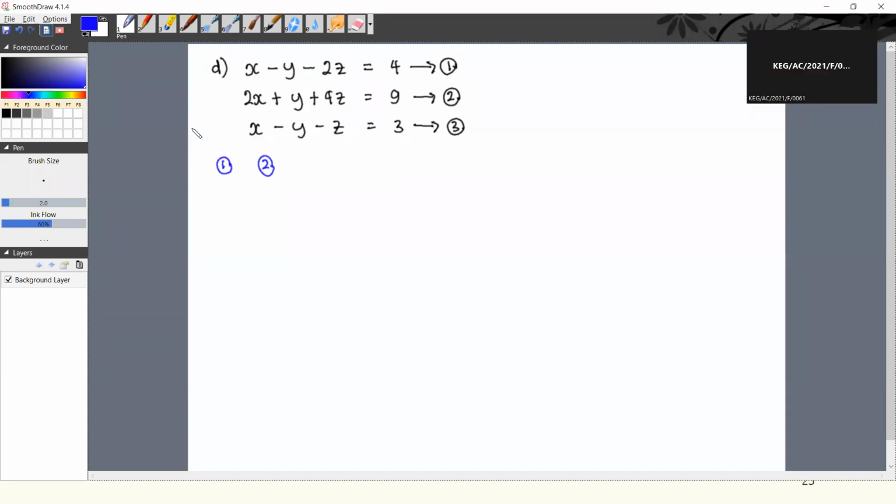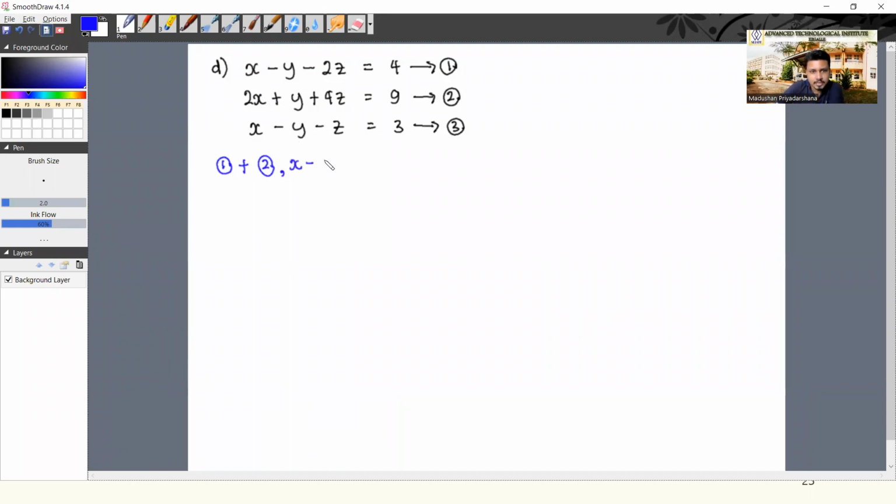We need to add these two equations. The reason is that the signs are different. In the first equation, we have minus y. In the second equation, we have plus y. Therefore, we need to add these two equations in order to get rid of y.